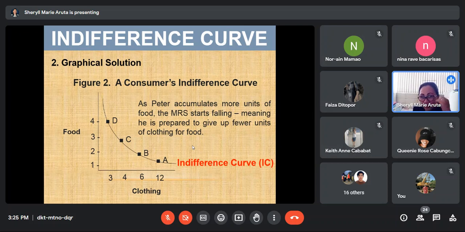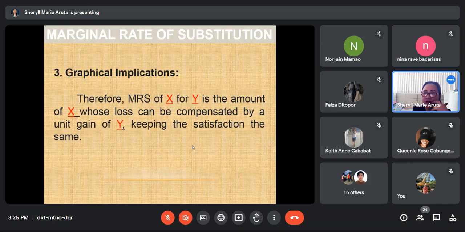So with that, Peter accumulates more units of food. The MRS starts falling, meaning he is prepared to give up fewer units of clothing for food. Peter is willing to give up clothing just to gain units of food. So that is the implication.